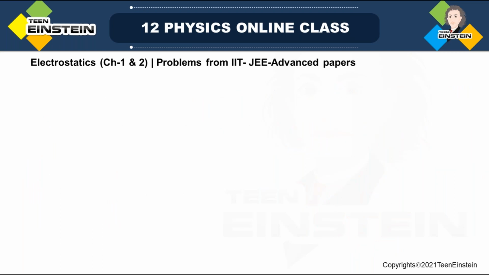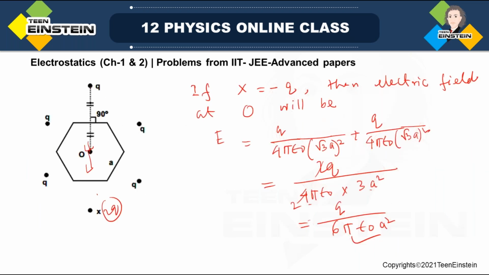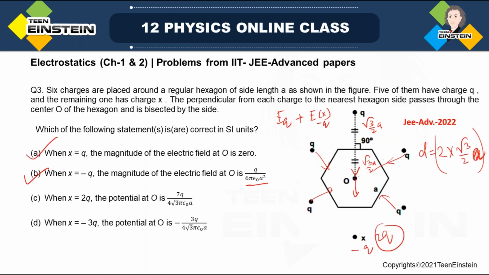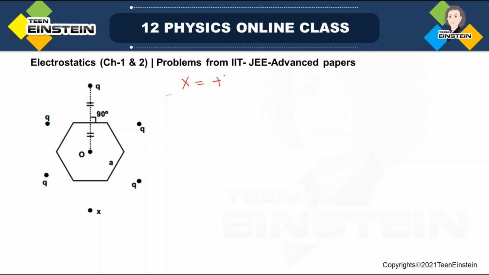The question is, so I'll clean this portion because I have to go for another option. Option C says if X is equal to plus 2Q. For the case of potential, it doesn't matter, because all of them will be producing some potential at this position.